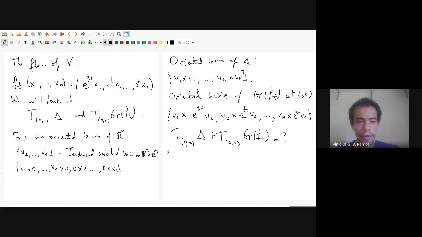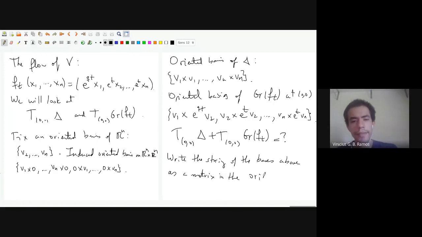So I can write this string of the two bases above as a matrix in the canonical basis of Rn times Rn.